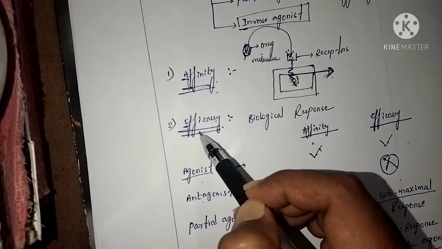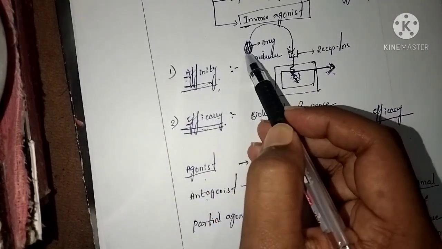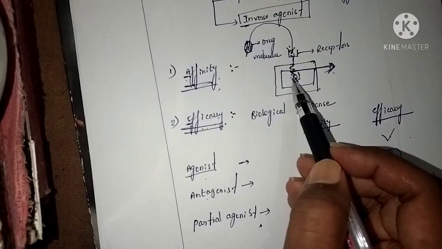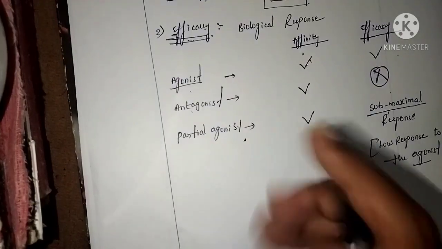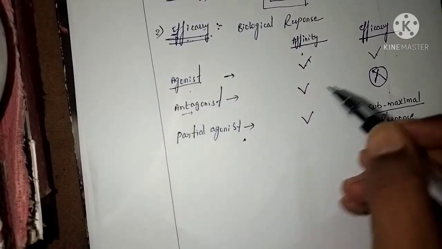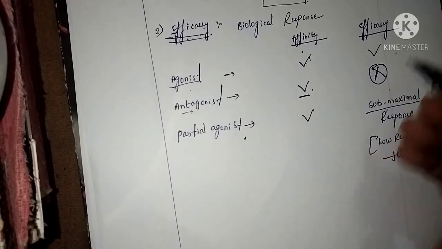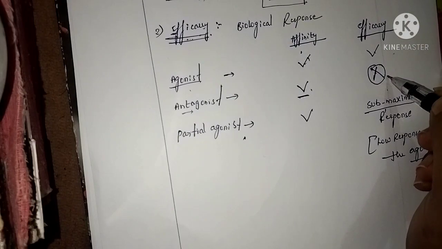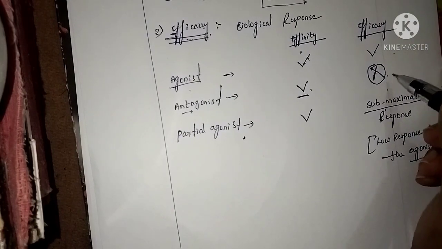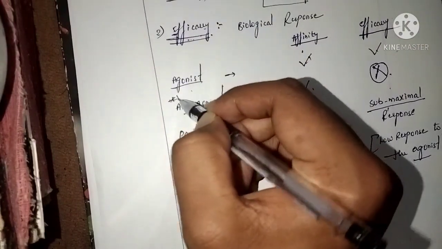Affinity comes first, efficacy comes after affinity. For antagonist, it has affinity, the drug molecule will bind to the receptor, but it does not produce any biological response within the cell. It is very important to note.